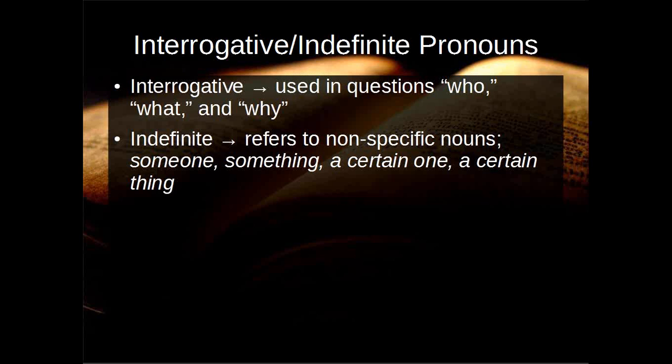Now, all the pronouns to this point that I've shown you follow the first declension and the second declension, right? First declension for feminine, second declension for masculine and neuter. This one is the different one, because the interrogative and the indefinite pronouns unfortunately follow third declension forms.